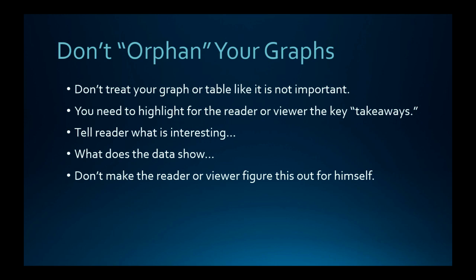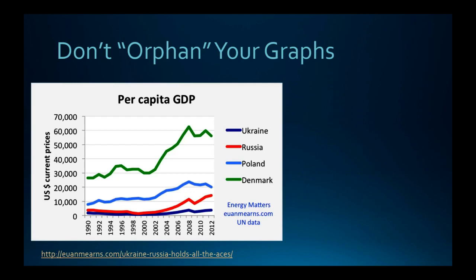So bottom line, as it says here on this bullet, don't make the reader or the viewer figure out why you've included that graph. Decide what things are most important to point out and point them out for your reader or for your viewer.